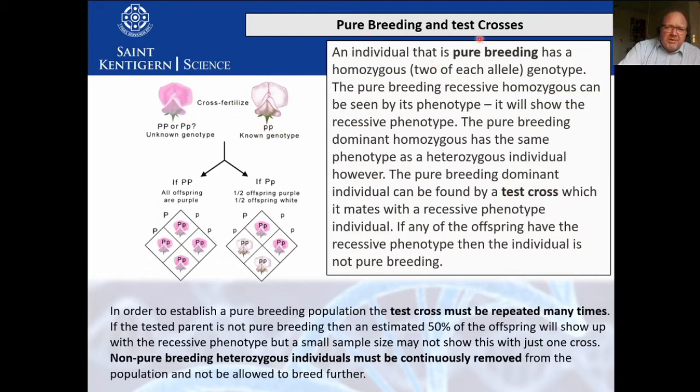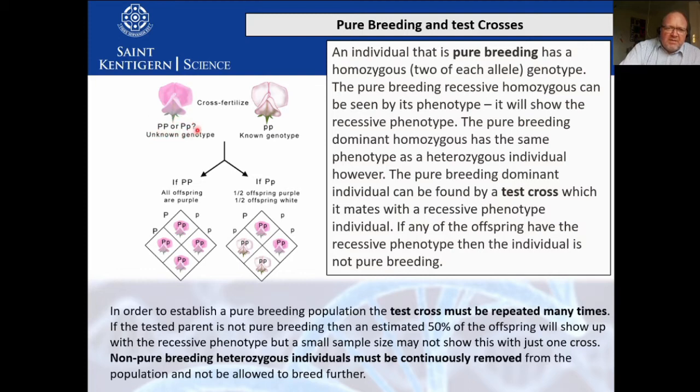Now breeders use this to do what is called a test cross. A test cross is used to see if something is purebred. Purebred simply means you are homozygous. When you're homozygous recessive, that's easy, we can see that. But how do you know if the purple plant is homozygous dominant or heterozygous? You all understand that?